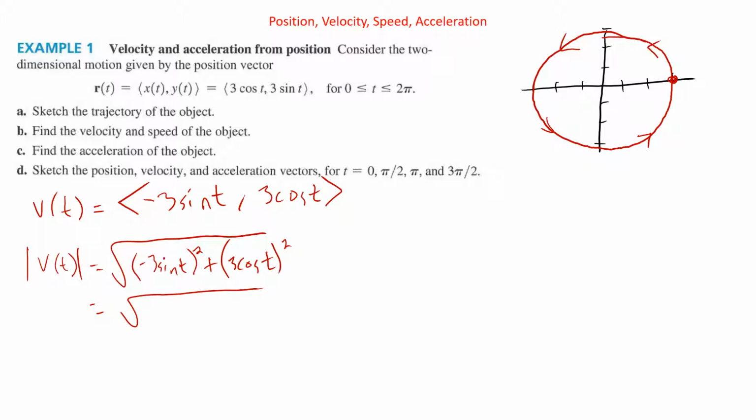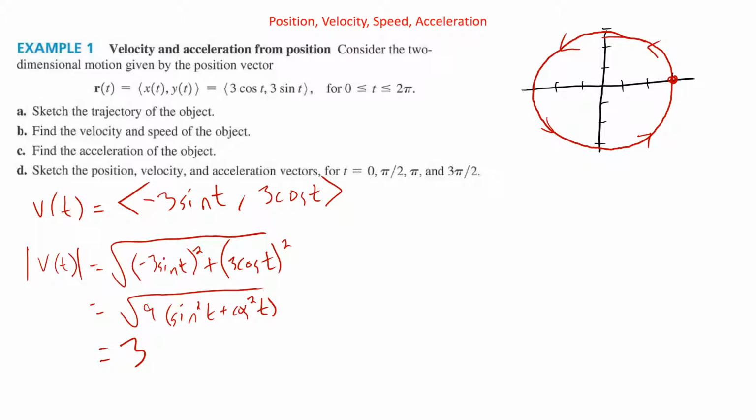I'm going to factor out a 9 to end up with sine squared t plus cosine squared t. There's that Pythagorean identity just popping up once again. Sine squared t plus cosine squared t equals 1. So this is just square root of 9, which is 3. We're going at a constant speed the entire time.